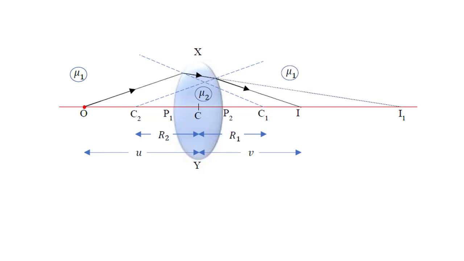It bends away from the normal, and finally it comes to I. And this I1 is the point where the image would be formed if the material of the lens filled all the right side, so there would be no more refraction. We consider there were no surface on this side.